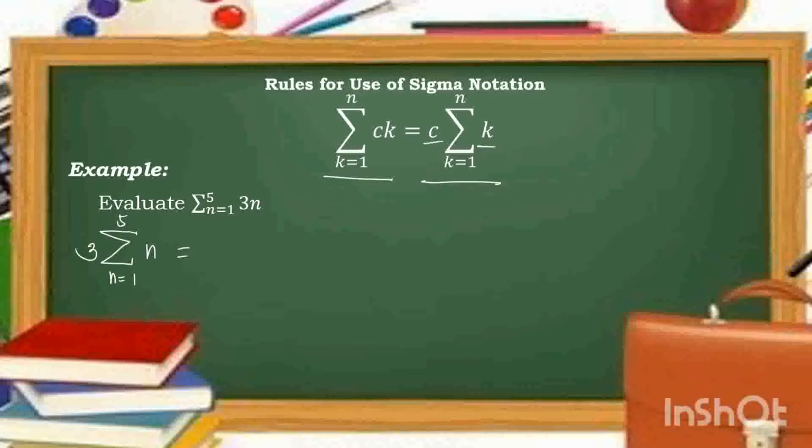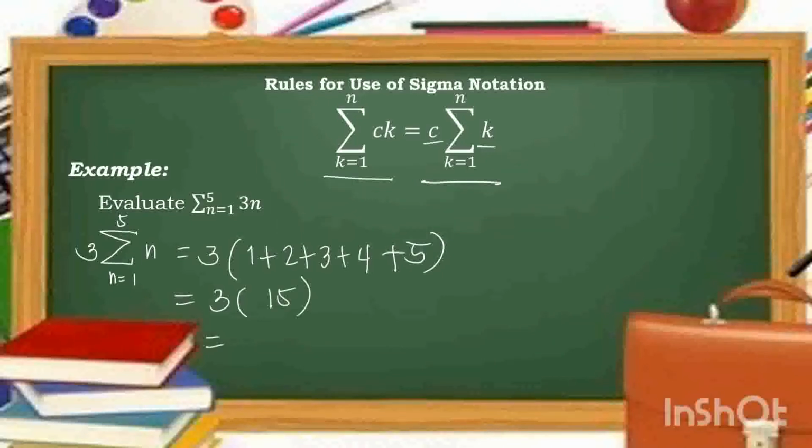So it will become 3 times 1 plus 2 plus 3 plus 4 plus 5. So 1 plus 2 plus 3 plus 4 plus 5 is 15. So 3 times 15 is 45.